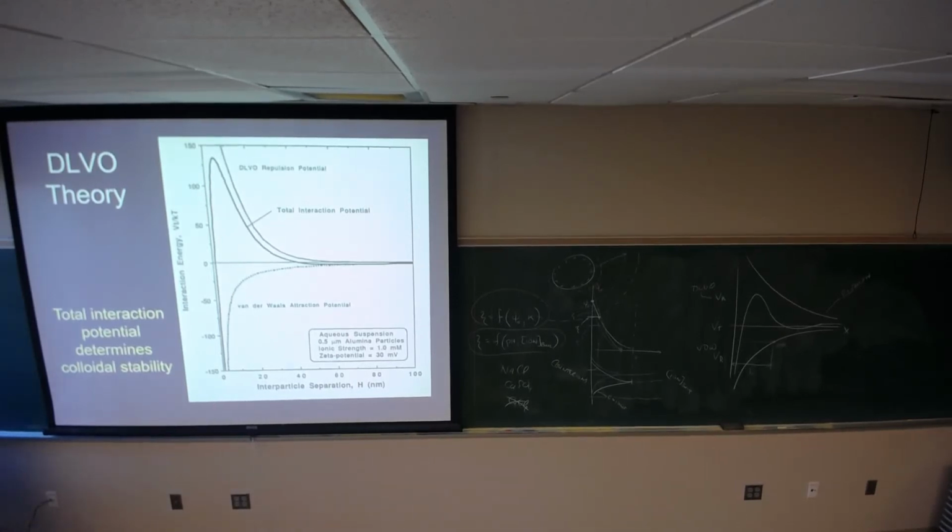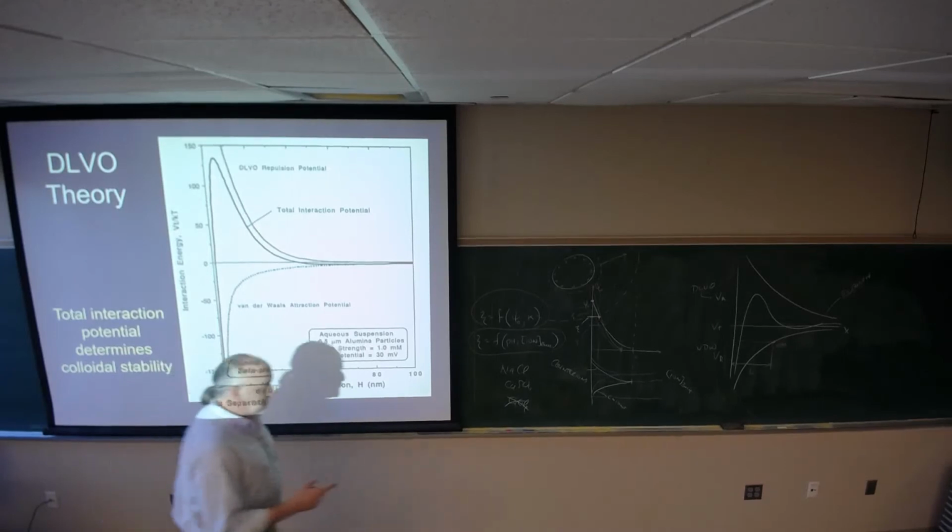Now, there's an approximation, again, that goes into this. It has to do with that linear decay function. What it says is how fast the charge will decay as I move away from the particle surface. And we use that information to calculate whether particles will be repulsive or attractive to one another. The value that we use to estimate the Nernst potential is the zeta potential.